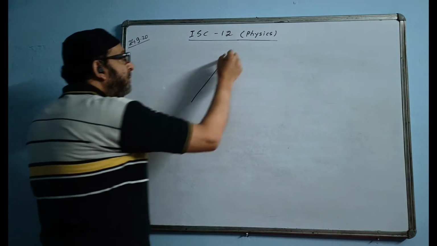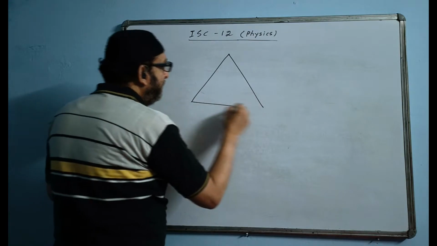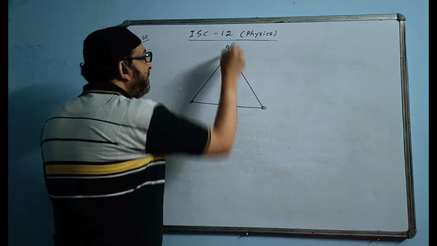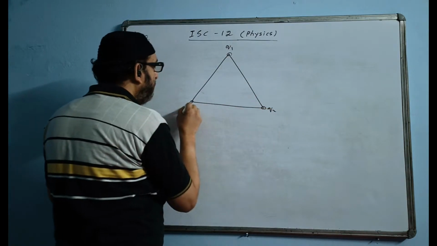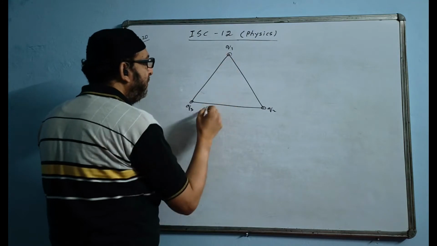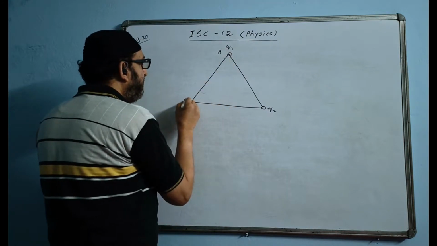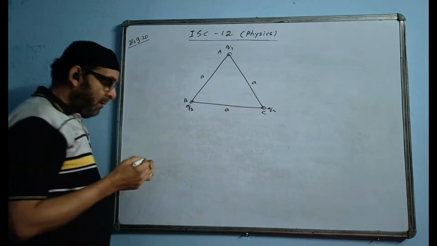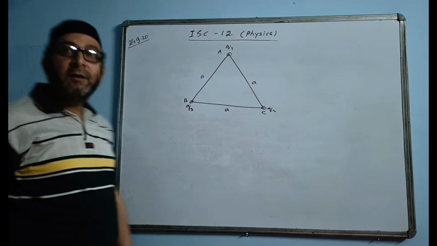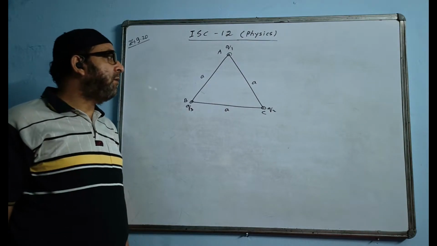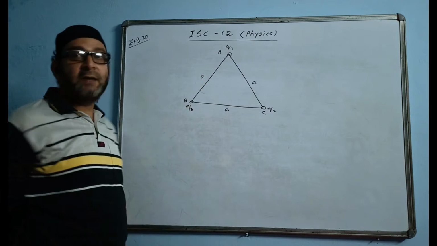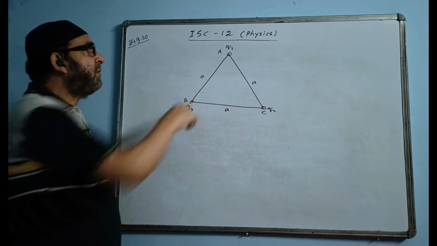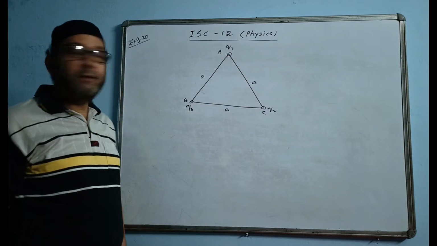The question says, there is an equilateral triangle where the charges Q1, Q2, Q3 are placed at the vertices A, B, C of the triangle, and the side of the triangle is given as A. The question is asking, find the electrostatic potential energy of the system of the charges shown in the figure.